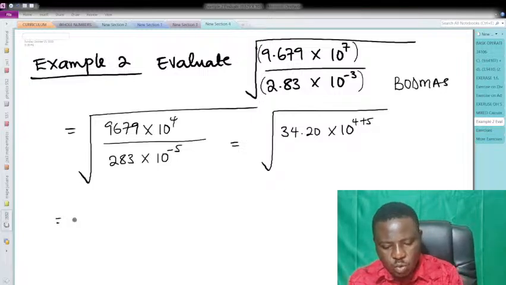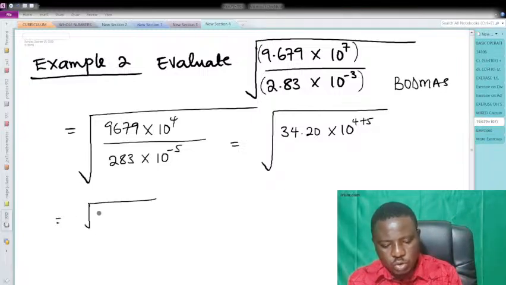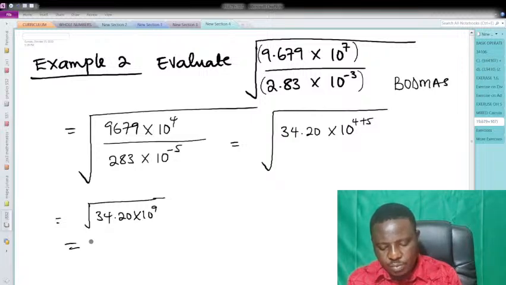And this is equal to the square root of 34.20 times 10 raised to the power of 9, which is equal to, expressing this now in standard form.